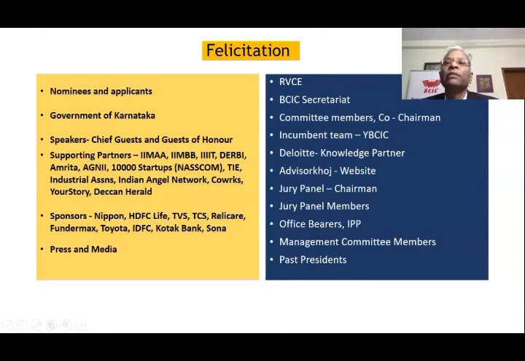The supporting partners have been IIM Ahmedabad Alumni Association, IIM Bangalore Alumni Association, IIIT Bangalore, Dayananda Derby Foundation, Amrita Business Incubator, Agni, Invest India Startups, 10,000 Startups NASCOM, TAI Bangalore, various industrial associations from all parts of Karnataka and India, Indian Angel Network Delhi, CoWorks, Your Story, and Deccan Herald as a media partner too.